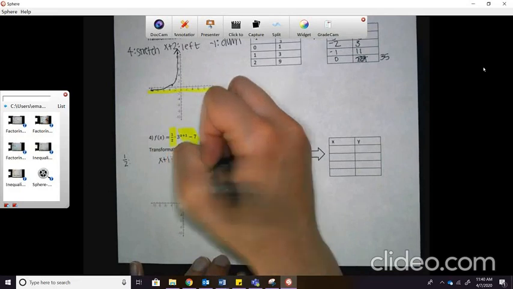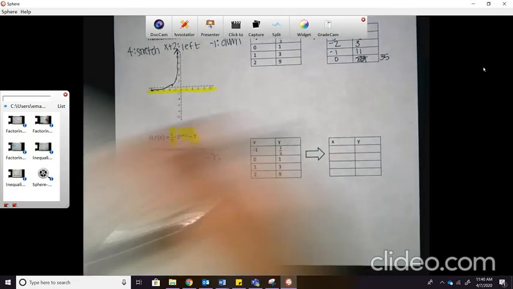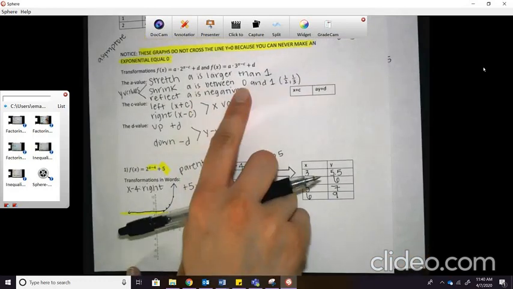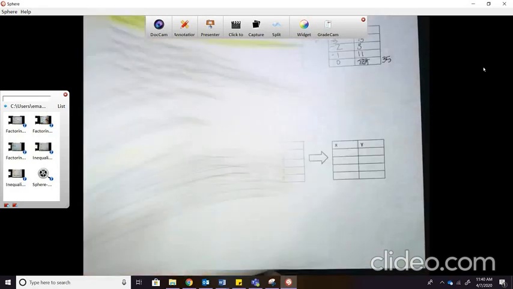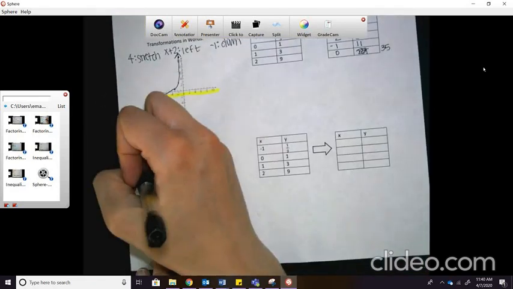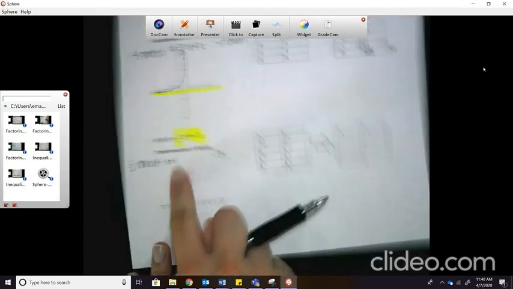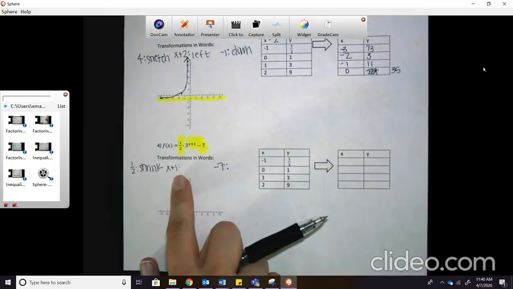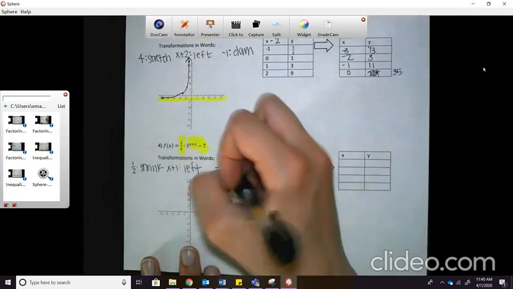I want you guys to pause and think about what each one does. So the 1/2 is an A value. That is between 0 and 1, 1/2. So it is going to shrink, which means we're really growing shorter. Hopefully we have the hang of the x plus or minus by now. So this is going to move left and then down.